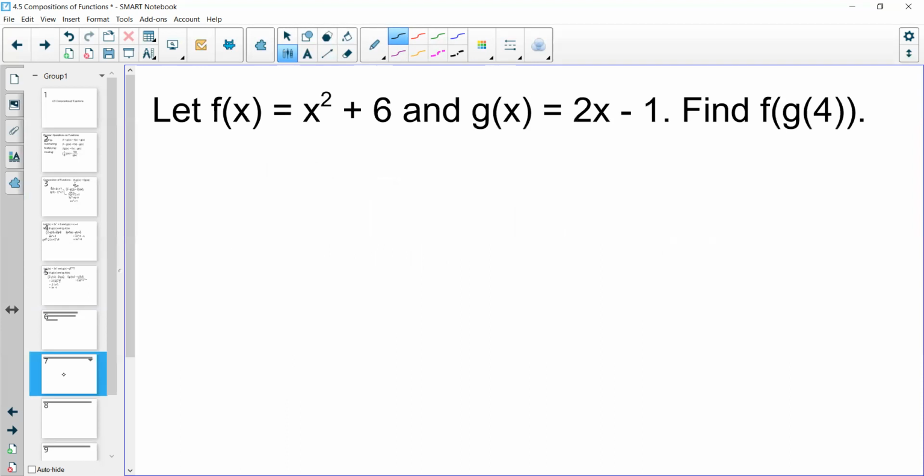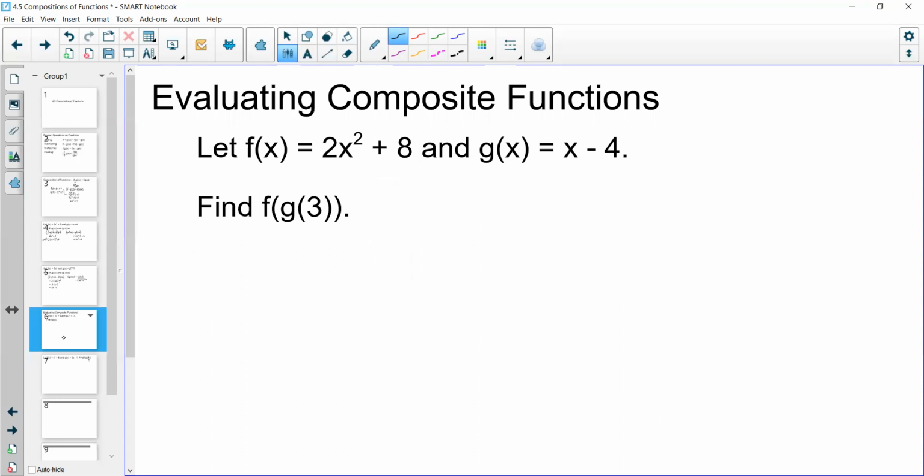Okay, so then the next thing we want to do is evaluate these. So when we evaluate them, notice the difference here is that inside of our question, when it asks us to find that composition of these two functions, we have a number instead of our variable. Now, when we are evaluating composite functions, we kind of have two options. Option number one is we can compose first, then evaluate.